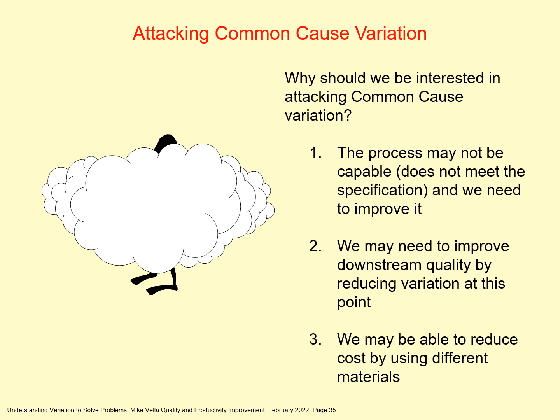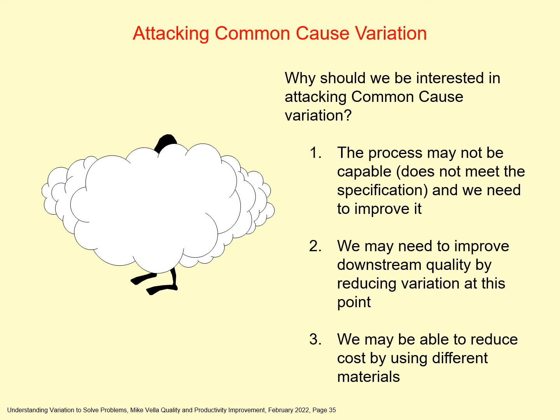Well, it's possible that the process may be in control, but the product may not meet specification, right? When we want to improve it, we may need to improve the downstream quality by reducing variability, and by reducing common cause variation, we may be able to reduce costs by using different materials or different methods.